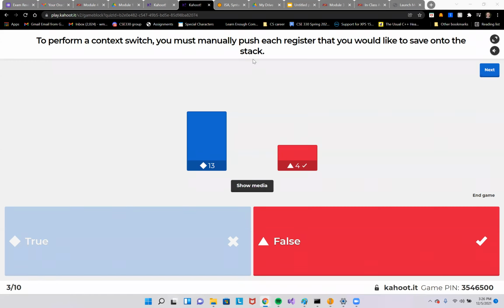Oh, okay. So context switch. I think you talked about that when he was talking about the stacks, in the second or third module. The context switch is where, when you're jumping to a function, you need to save certain registers. So you save all of your T registers and then your S registers as arguments.